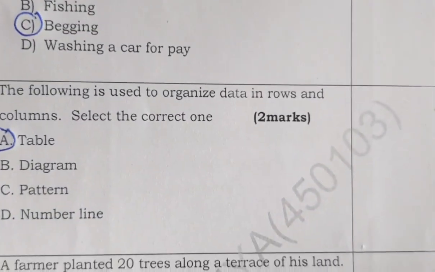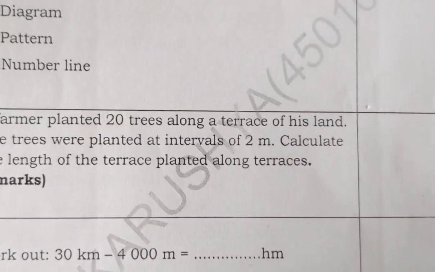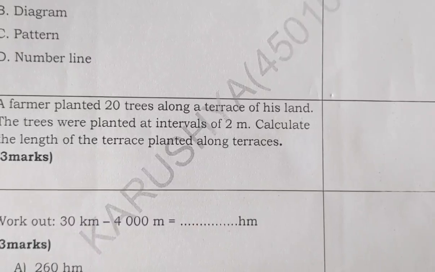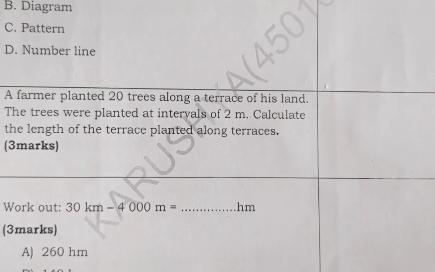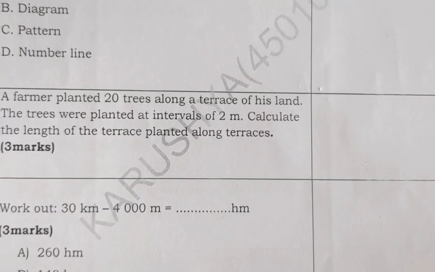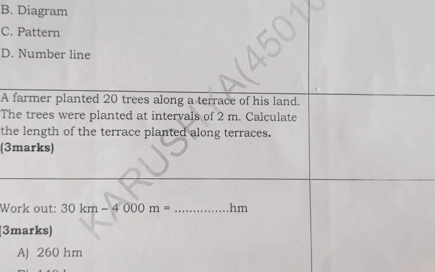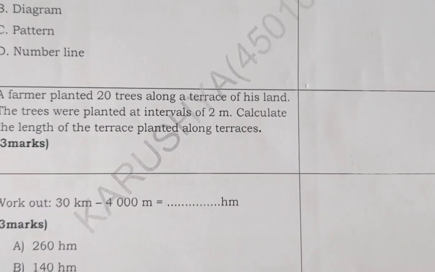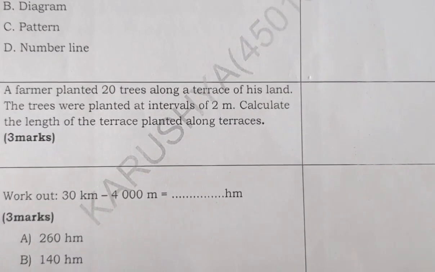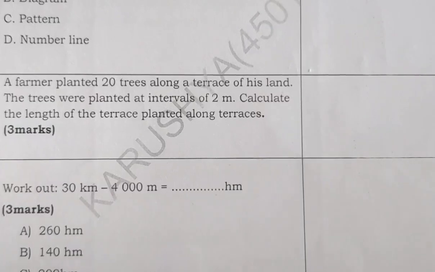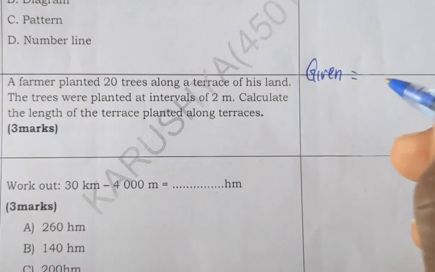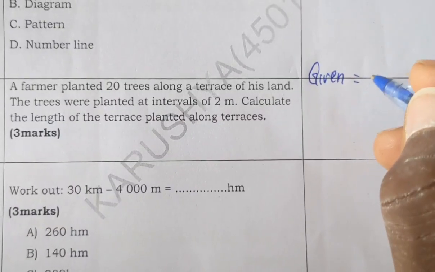Here they said a farmer planted 20 trees along the terraces of his land. These trees were planted at an interval of 2 meters. Calculate the length of the terraces planted along the terraces. Here, once you are doing this question, we have to know what is the given data. Given, we have to know the number of poles.